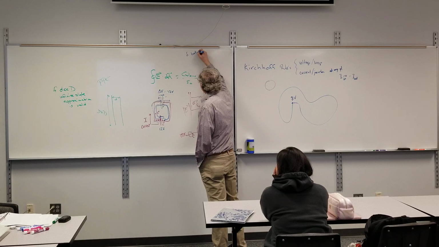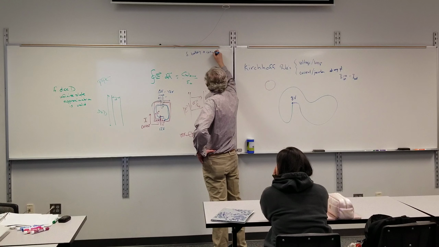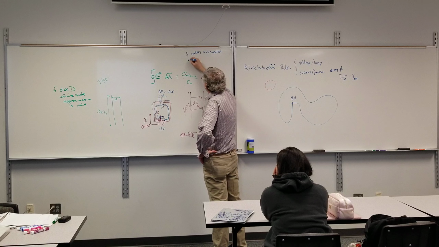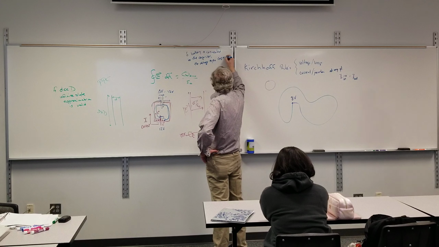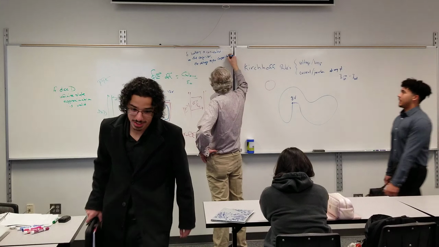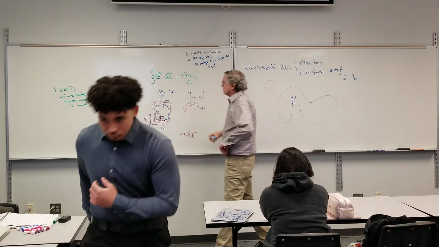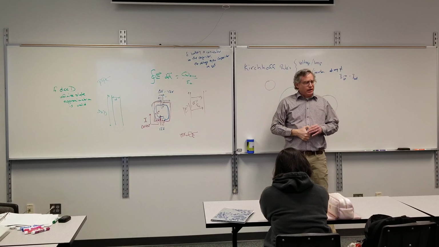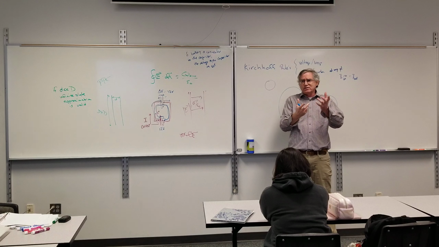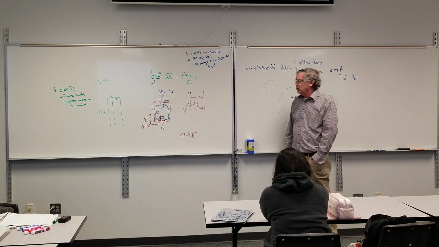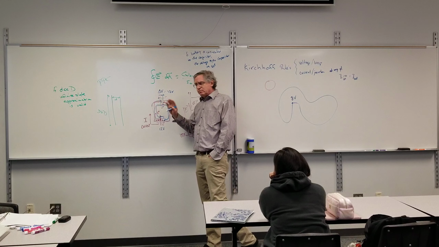If the battery is connected to the capacitor, the voltage of the capacitor is set. So if I take my capacitor and I move it apart or move it closer or change the size of it, change the material, whatever I do, as long as it's connected to the battery, I'm fixed.